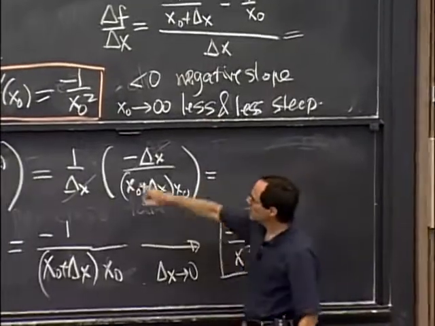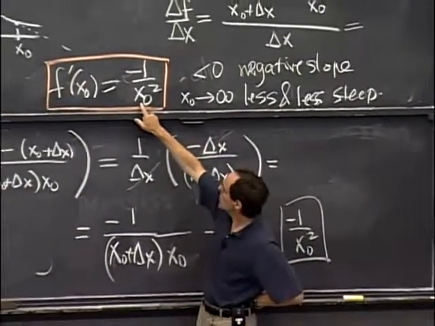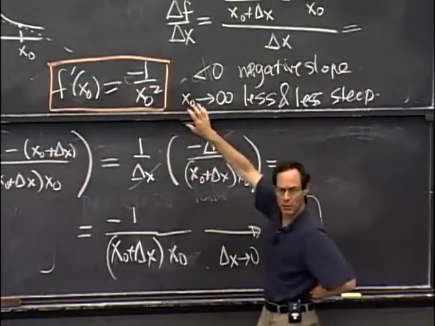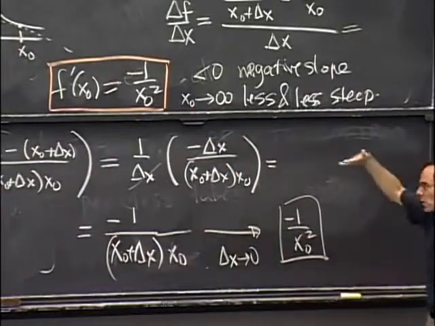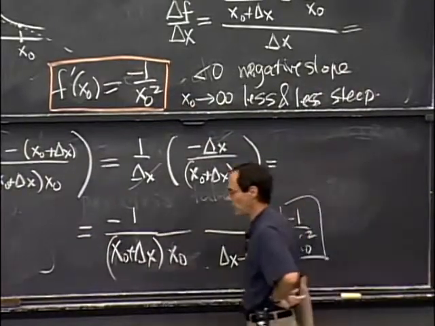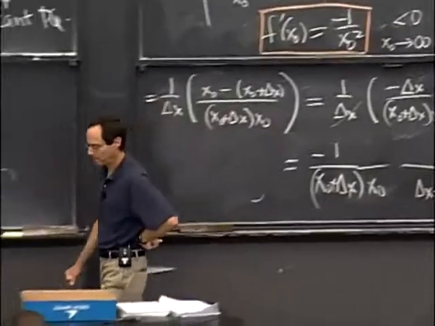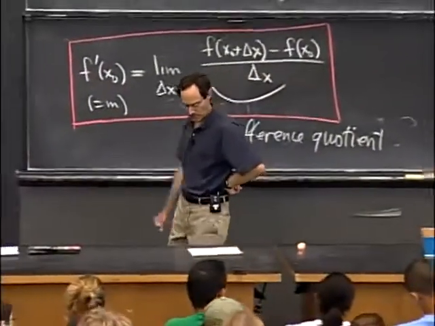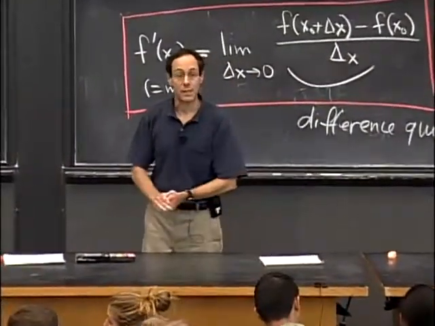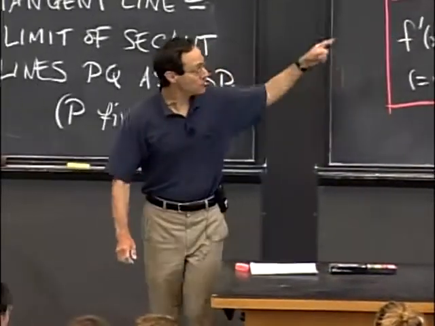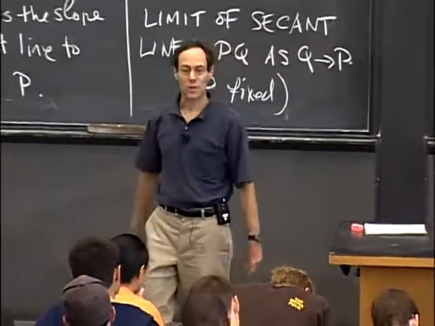So that's also consistent here. When x0 is very large, this is a smaller and smaller number in magnitude, although it's always negative. It's always sloping down. All right. So I've managed to fill the boards, so maybe I should stop for a question or two.